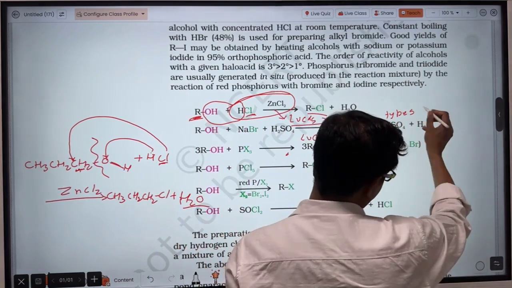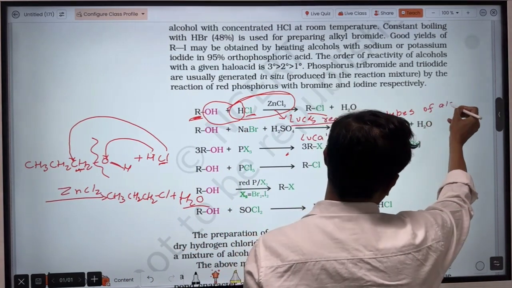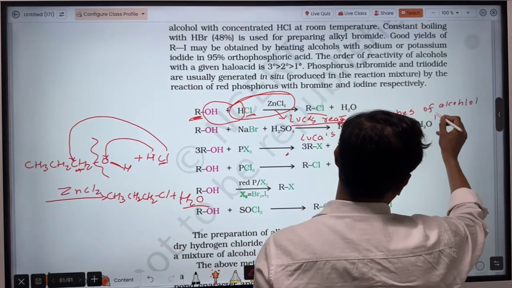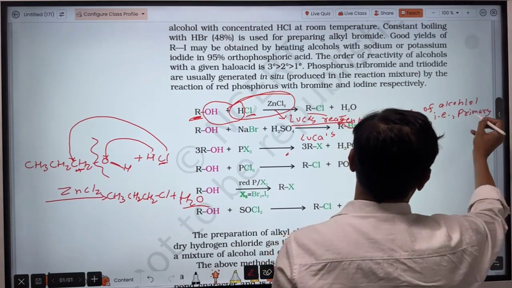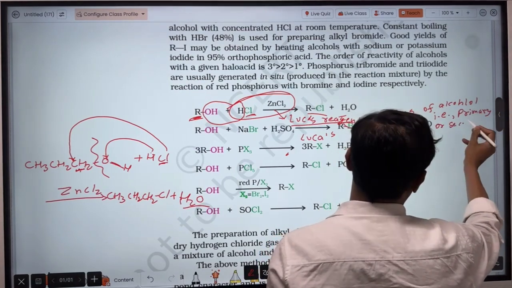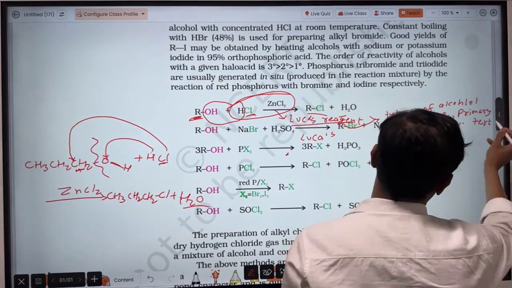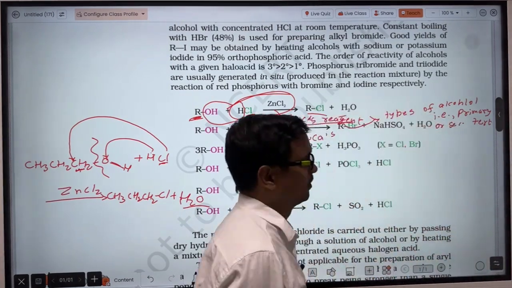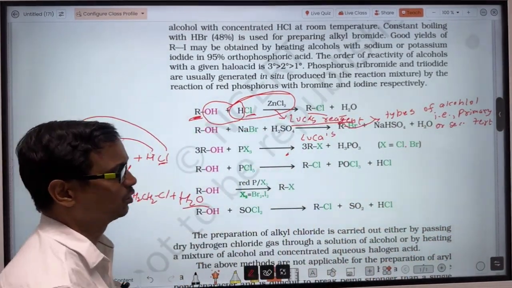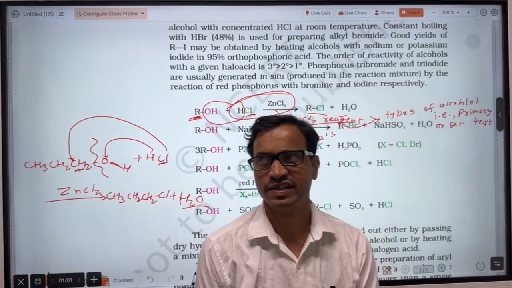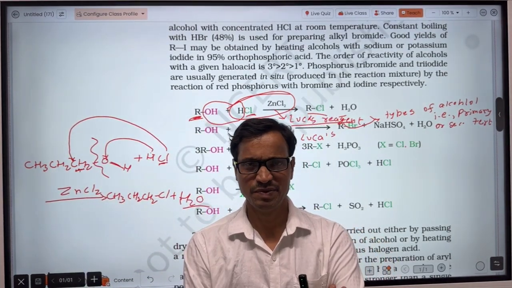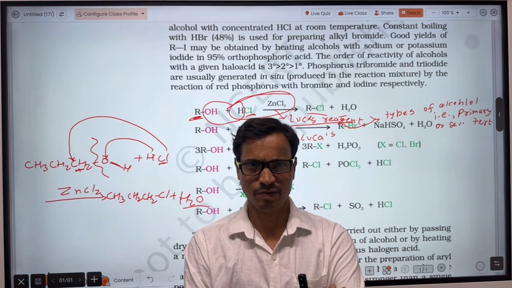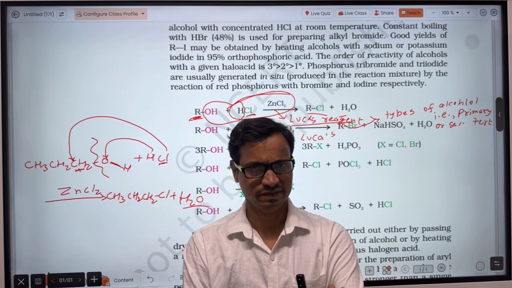In the box method you may write types of alcohol, that is primary or secondary or tertiary. Same as primary alkyl halide means halogen was bonded to a primary carbon atom, in the same way, primary alcohol means OH will be bonded to the primary carbon atom.